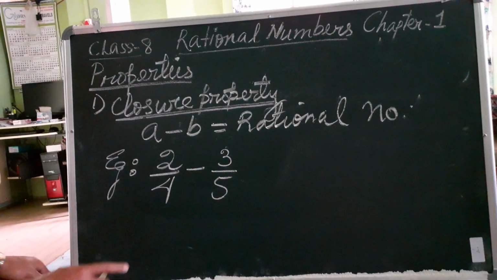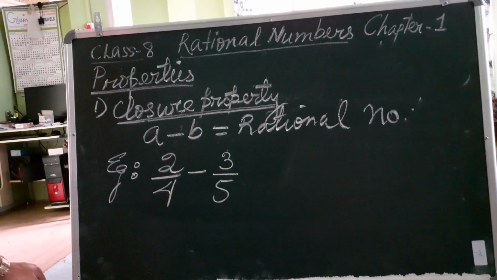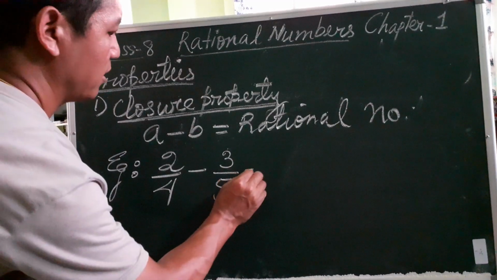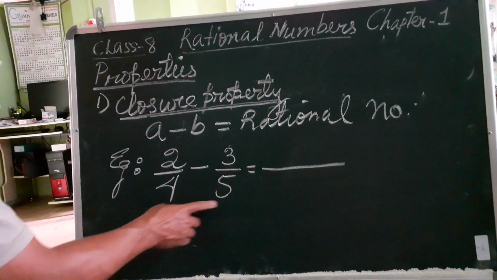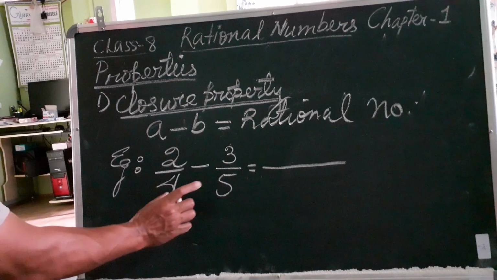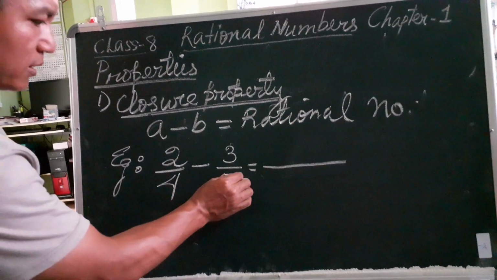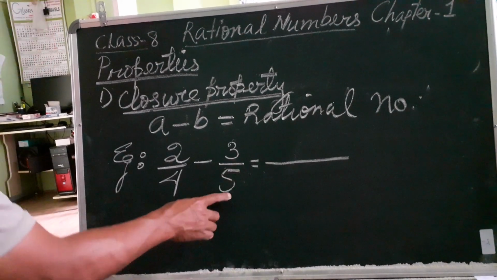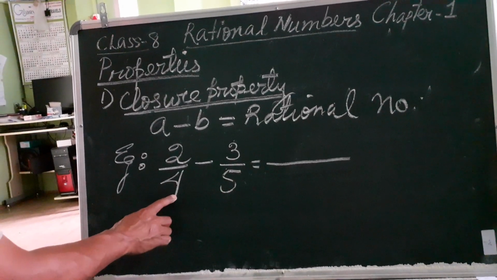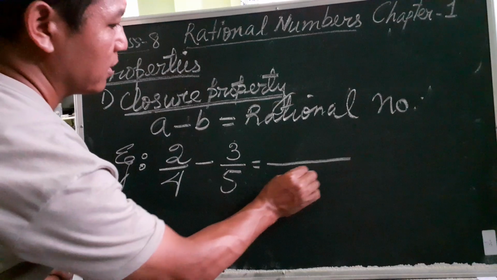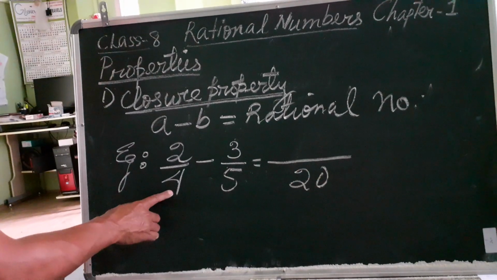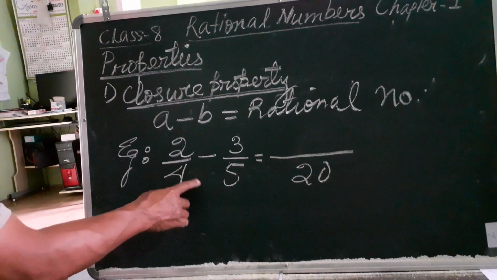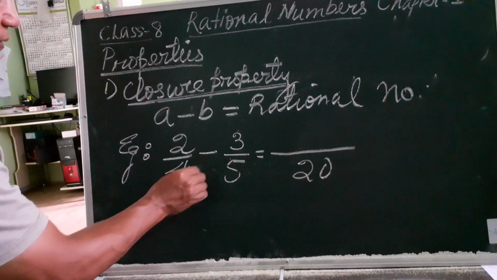Let us see. 2 by 4 minus 3 by 5. LCM of 4 and 5. One of them is an odd number, so to get the LCM, just multiply 4 and 5. 4 into 5 is 20.